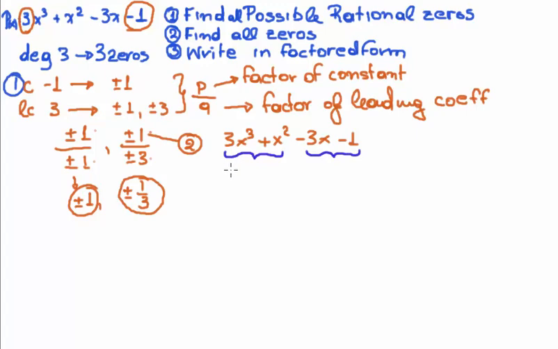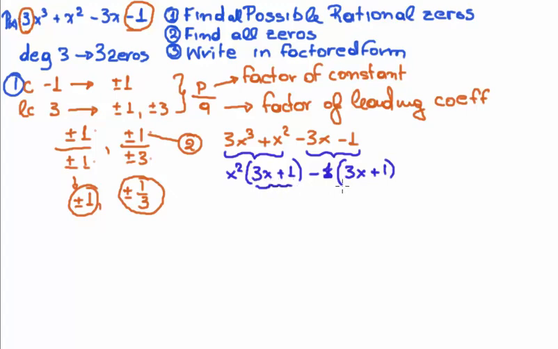If I group factor the x squared here, inside the parentheses will remain 3x plus 1. And if I group factor -1 here, there is nothing to factor mainly, except for the sign. Inside I will have 3x plus 1 again.